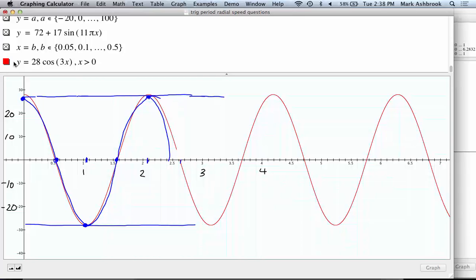Find your maximum and minimum, and then depending on whether it's cosine or sine, you've got to analyze in terms of, is it vertical position above the horizontal diameter, or is it horizontal position? Well, we knew this was cosine, so it's horizontal position. At time 0, boom, we're at our maximum horizontal position of 28 meters. And then after half a period, boom, we're at our minimum, negative 28.